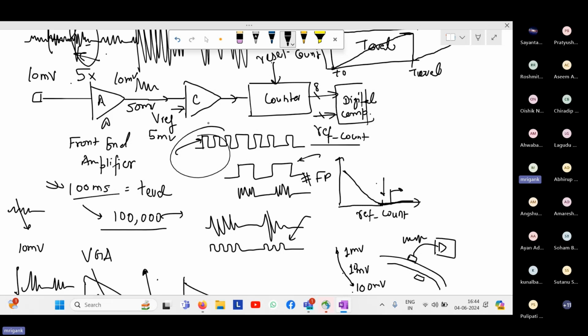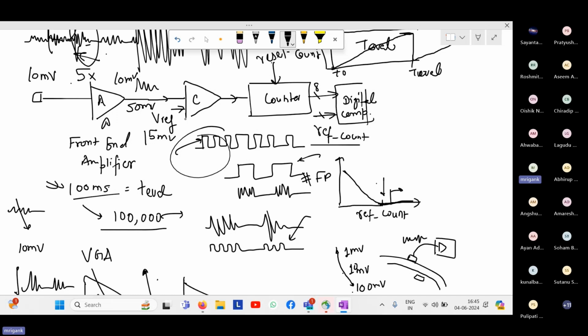So definitely it is good to be able to resolve small differences, but with a 50 millivolt signal and your threshold, given by the signal processing guy, being say 15 millivolt, as long as the signal is below 15 millivolt there is no seizure, but beyond 15 millivolt you have to start counting. So in that case, again, the resolution required will not be very high. A 1 millivolt resolution of the comparator is good enough, right?